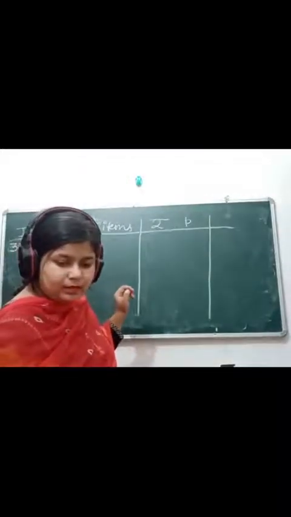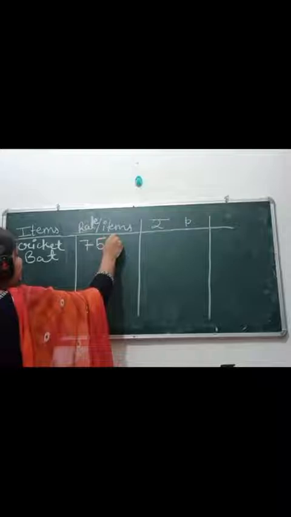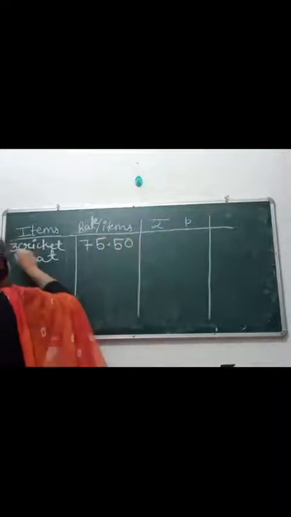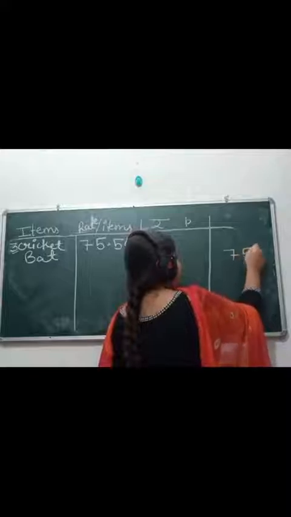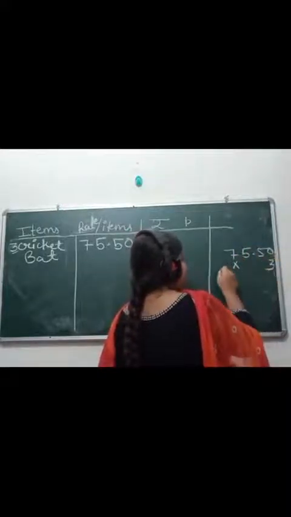Now the cost of 1 cricket bat is 75 rupees 50 paisa. We have to find the cost of 3 cricket bats. We will find out here 75 rupees 50 paisa multiplied with 3. Let us find out.